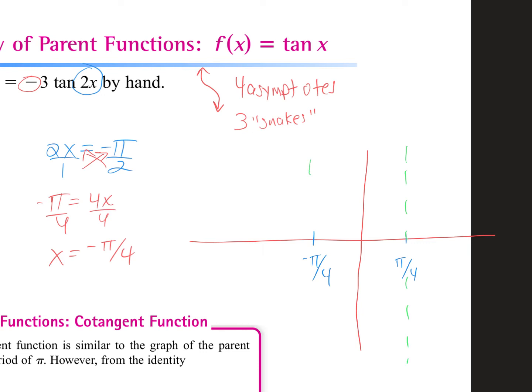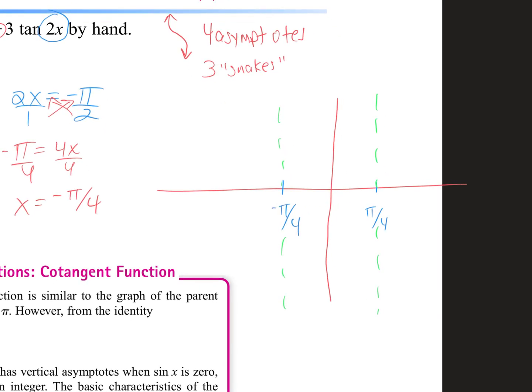This is where you have to do a tiny bit of thinking with tangent. Your asymptotes have to be equidistant from each other. That means what? Equal and distance the same. Guys, how far is it from positive and negative pi over 4? What's the distance? What's pi over 4 plus pi over 4? 2 pi over 4, which is pi over 2.